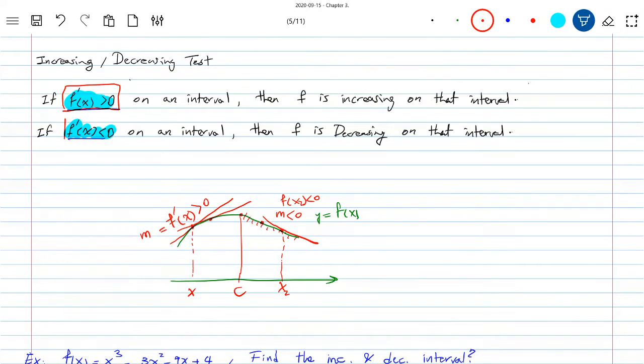If the derivative on an interval is negative, then the function is decreasing on that interval. This is nothing too complicated as long as you look at the graph: if I have an increasing part, the slope of the tangent line is positive, and if I have a decreasing part, the slope of the tangent line would be negative.